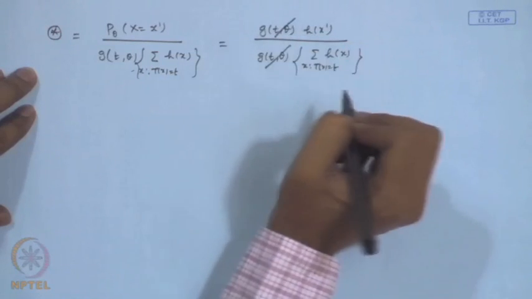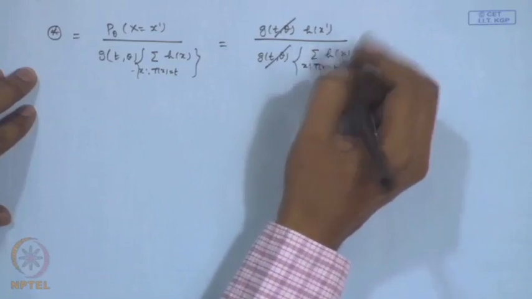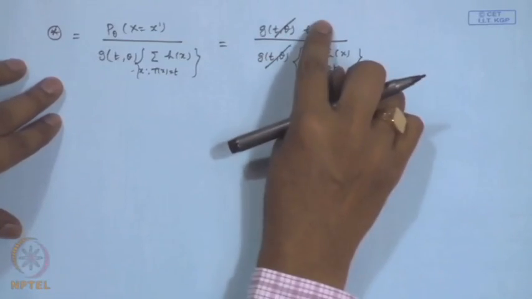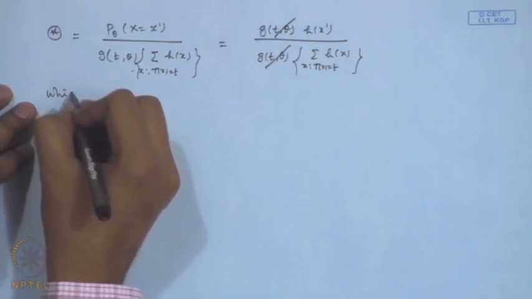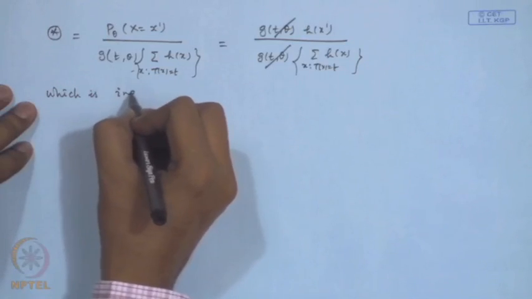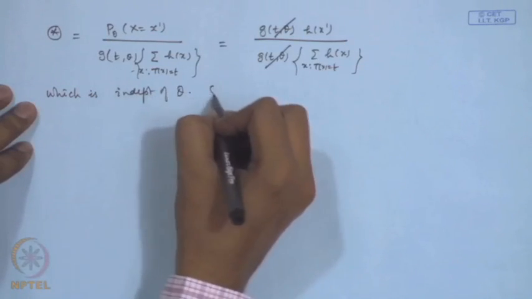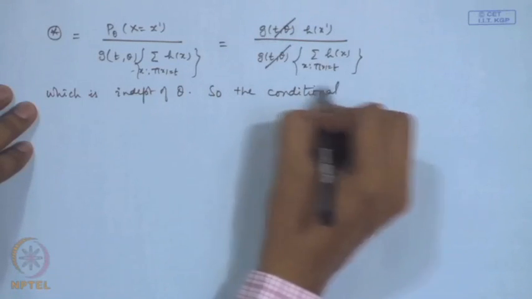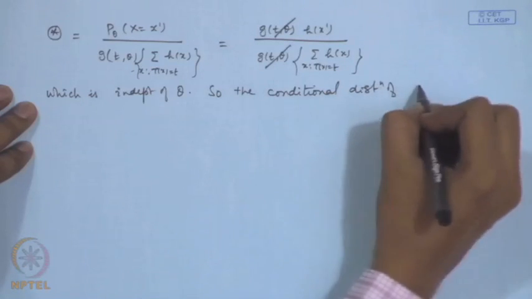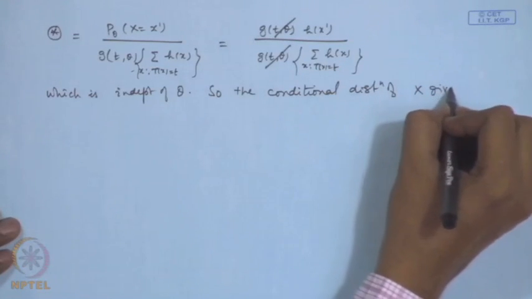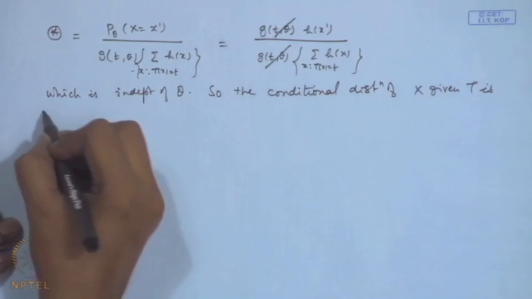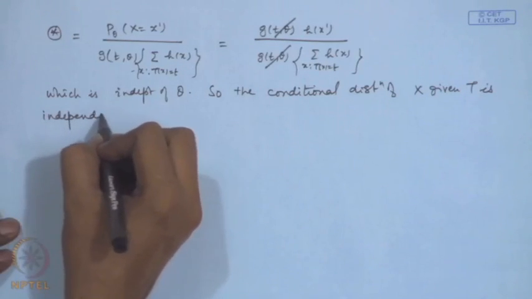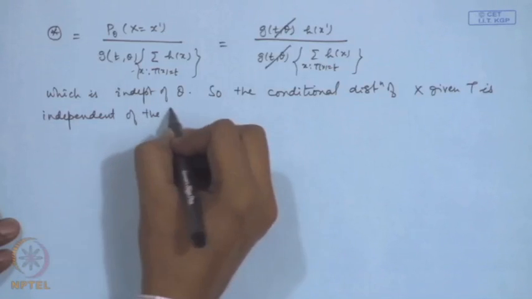Now, this term cancels out. So, you look at this conditional distribution of X given t. Now, this term is free from the parameter, independent of theta. So, the conditional distribution of X given t is independent of the parameter.